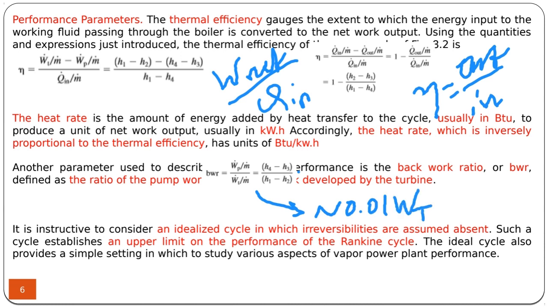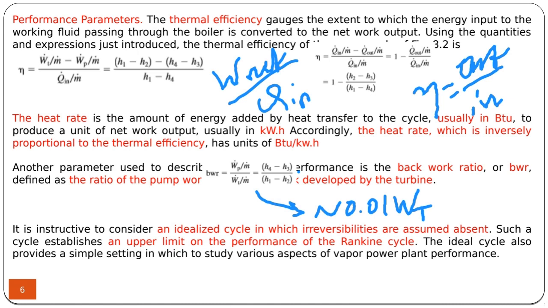Back work ratio is much greater in gas turbines because in a gas turbine the turbine drives the compressor, and almost 60% or around 50% of the turbine work is used for operating the compressor. So even though it's very small here, there are cases where this back work ratio can be very high.